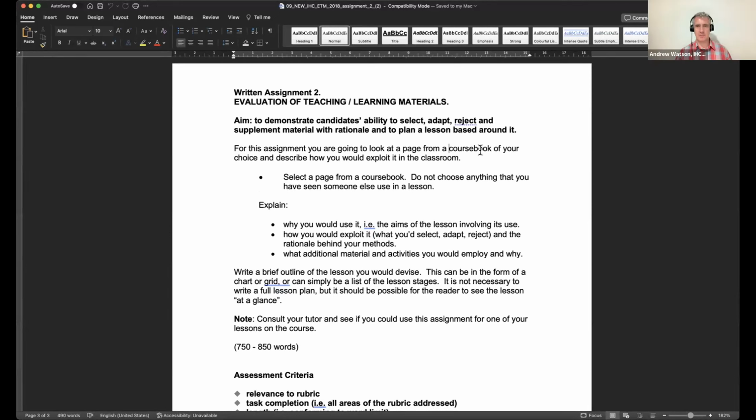All right, so you've got to select a page from a course book, but it can be a course book that you're using at your school, for example, Anna Maria, right? Okay, perfect. Or it could be the one that we're using in our teaching practice, which is face-to-face, right? So it says, select a page from a course book, but do not choose anything that you've seen someone else use in a lesson.